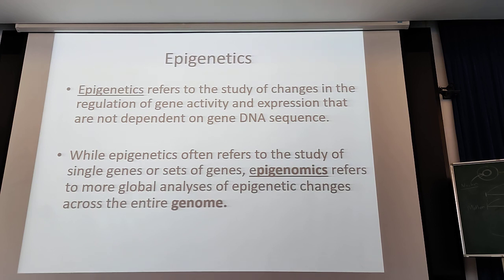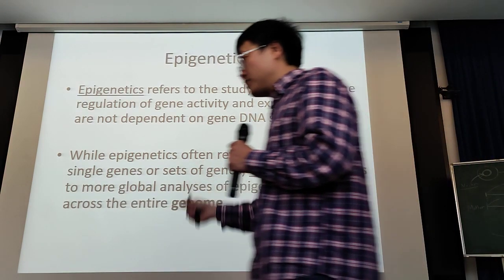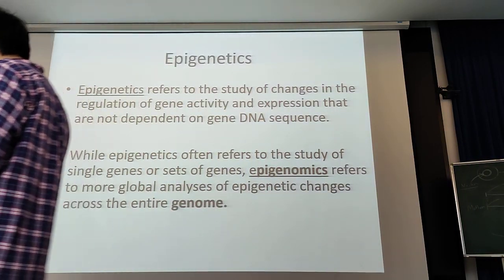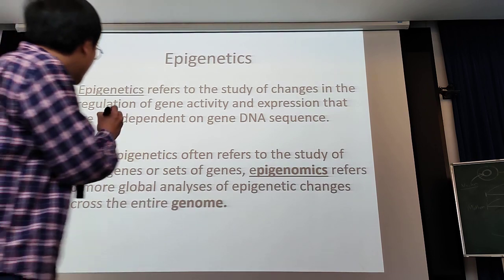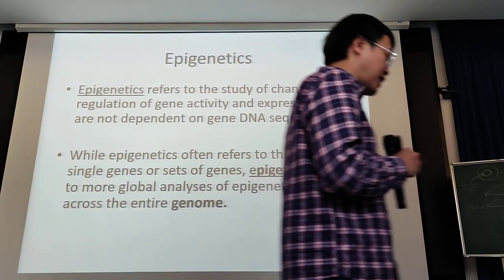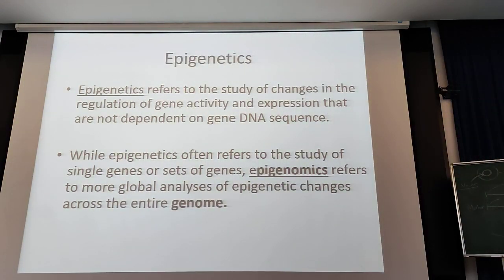So there is something beyond the design of the DNA sequence, A, G, C, and T, that controls the differences in the expression level of each gene. So epigenetics is the science that studies the expression level of genes.